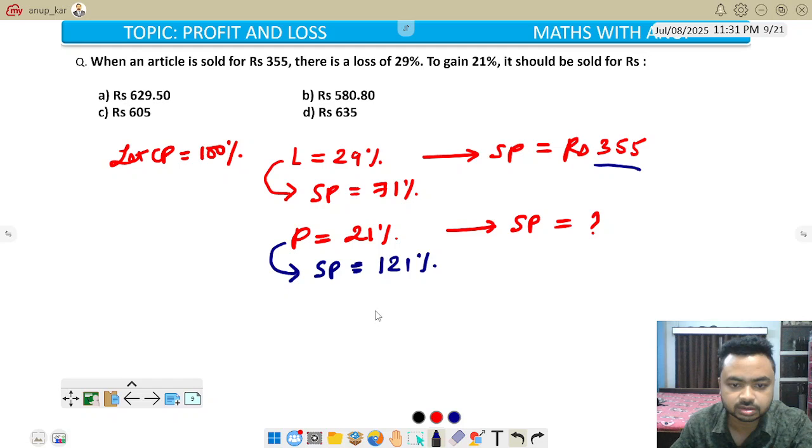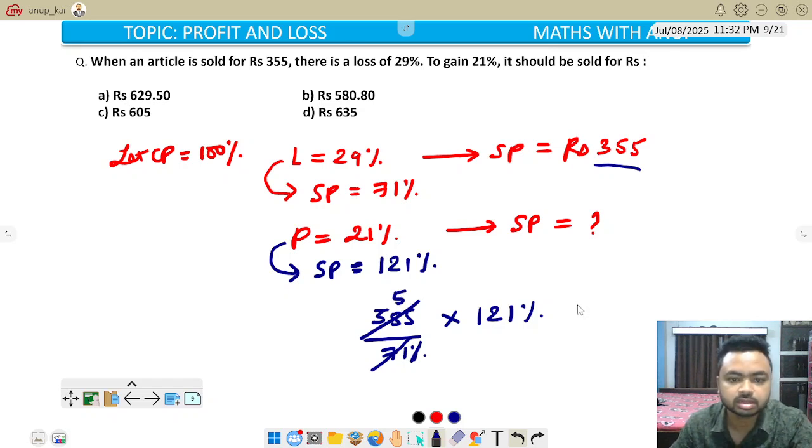So 355 is equivalent to 71%. But I have been asked to find out what will be the case for 121%, right? So if we calculate it, it will come out to be 5 times.